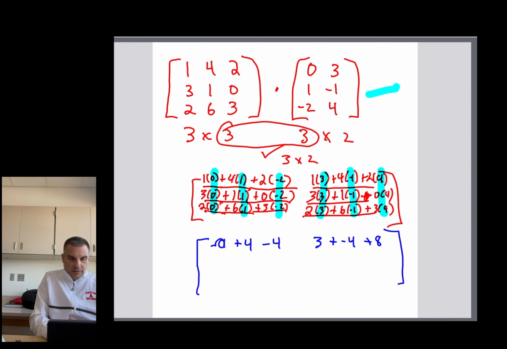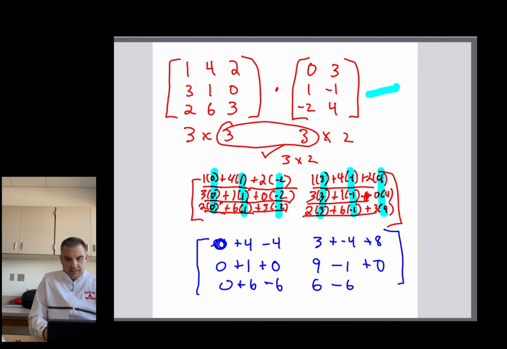Oh, geez, that's 0. See, you got to be careful. That's 0. This is 0 plus 1 plus 0, 9 minus 1 plus 0, 0 plus 6 minus 6, 6 minus 6 plus 12.